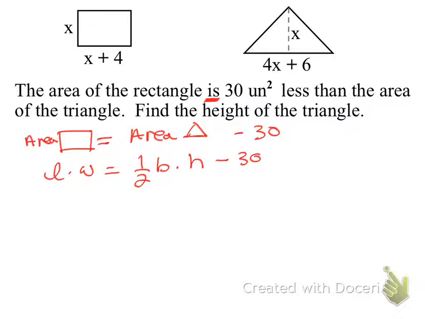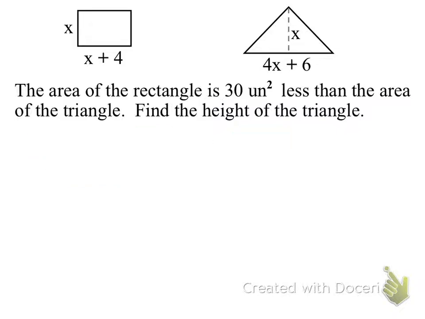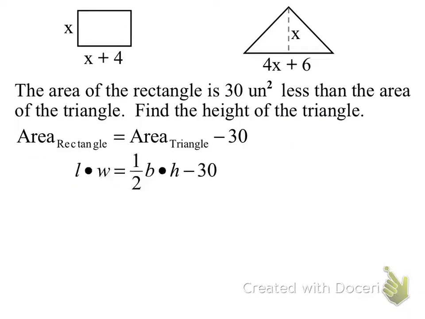And then we substitute in. Are you guys good? Okay, what am I substituting in for length and width? And then I'm going to substitute, the base is 4x plus 6, and the x is the height.